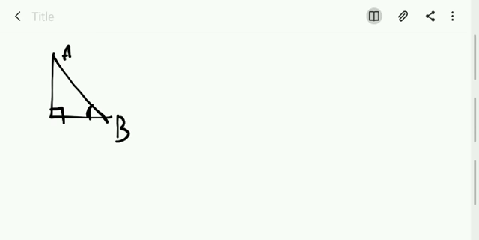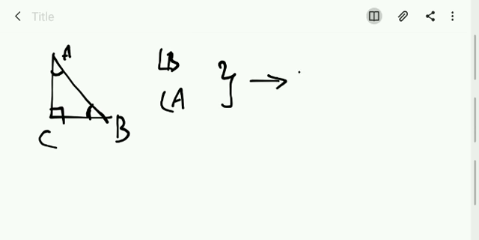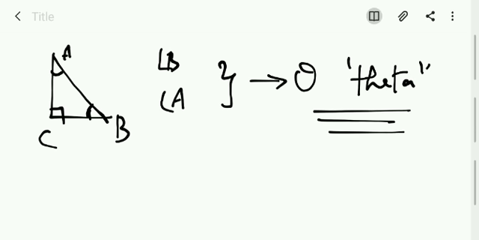A, B, C. Now angle B, angle A. From now onwards, in trigonometry, we will be denoting any angle in terms of theta. Yes, theta is very important.